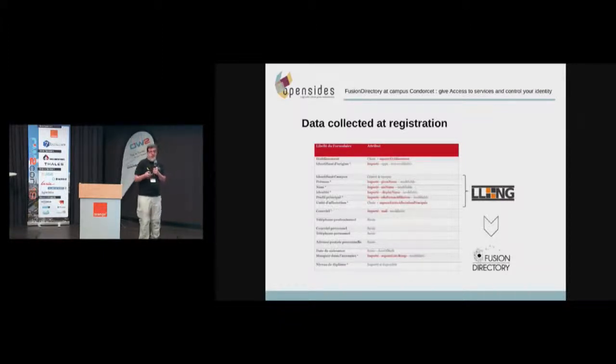And as you have 13 universities, you have to have a basic way of getting back the information. So this is the minimum set that all the federation sends back when you try to connect, and the rest is filled by the user, so we can have full information about this user.